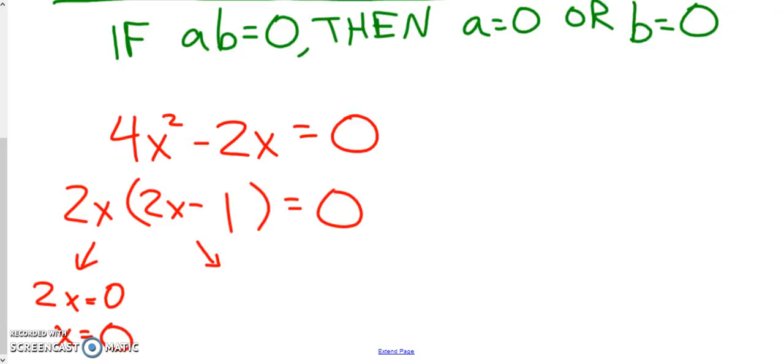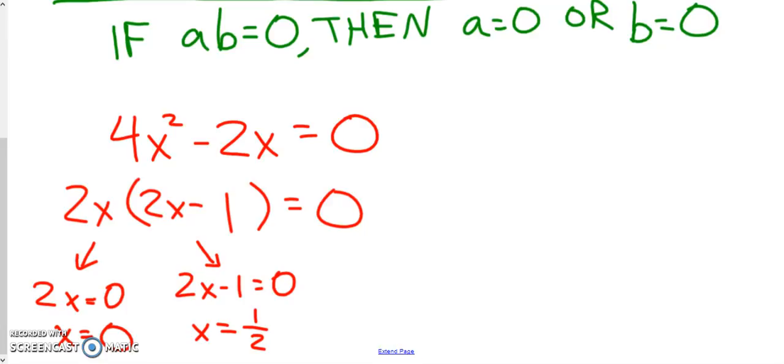So then I can say 2x minus 1 equals 0. What would you get from that one? Yeah, 1/2. Add the 1, divide by 2. Or if you remember, change the sign, divide by the 1 that's in front of x, and you'll get that.